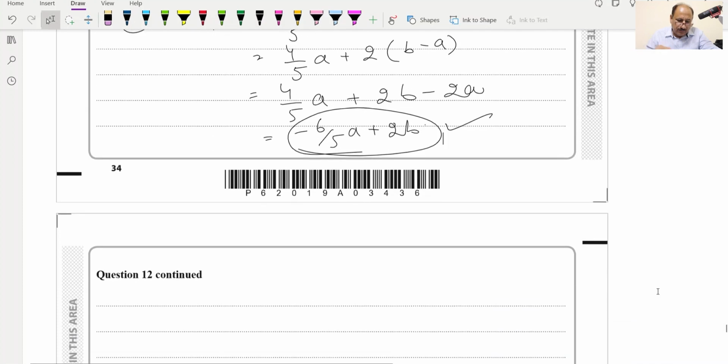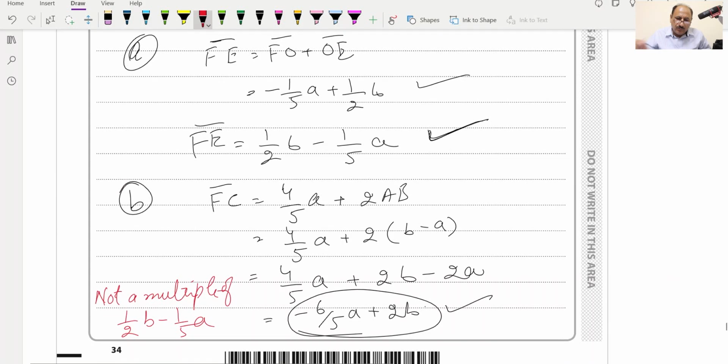So what we will write, before this, is that it is not a multiple of 1 by 2b minus 1 by 5a, which we got over here.